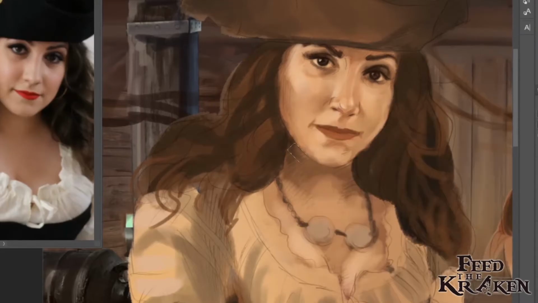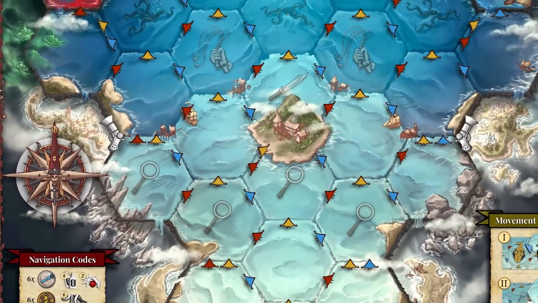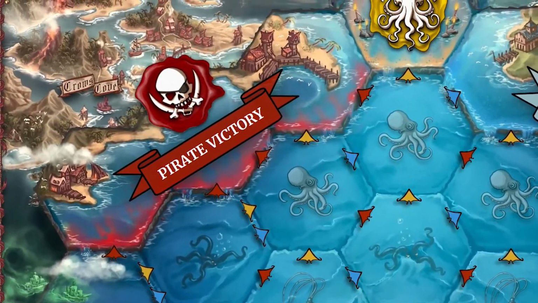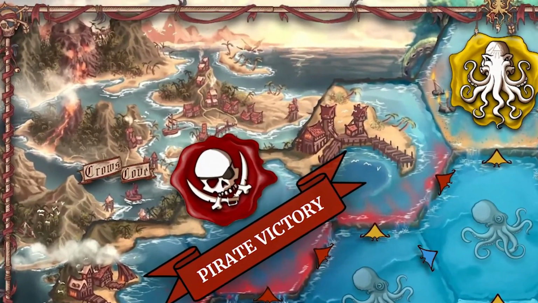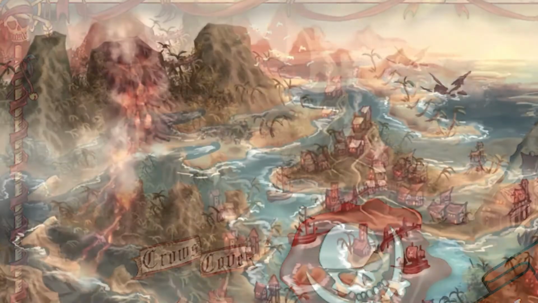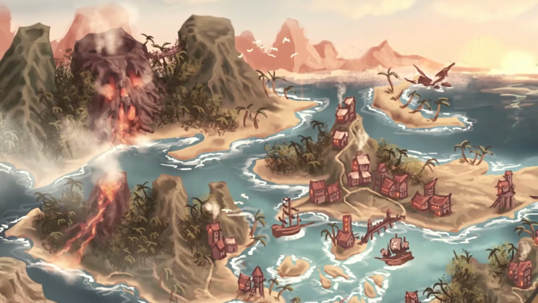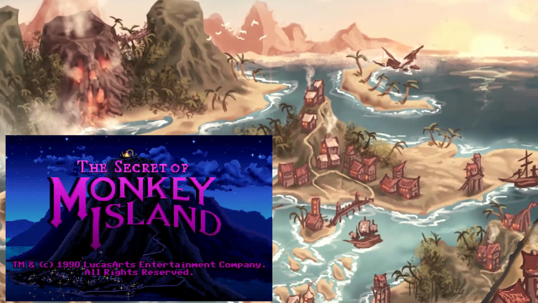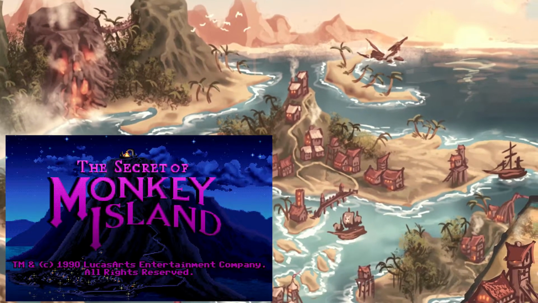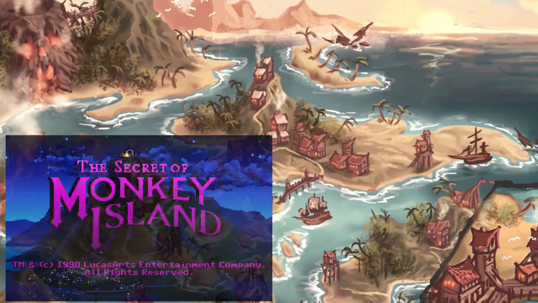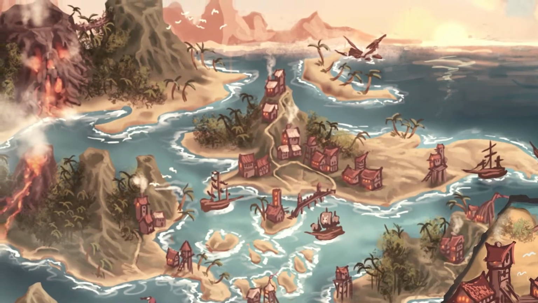Well, for example, if you take a look at Crimson Cove, which is in the upper left, the pirate victory, there are some, I wouldn't say directly taken from Monkey Island, but if you remember the title screen from Monkey Island, you might see the forms of how the islands are built and how the houses are built on the islands.